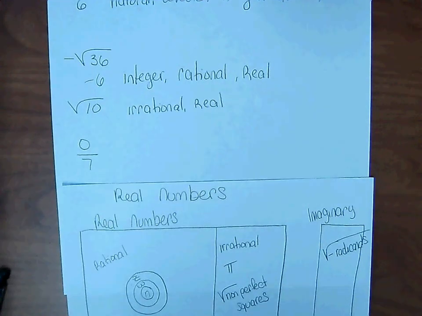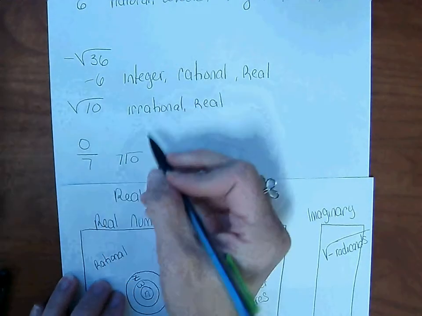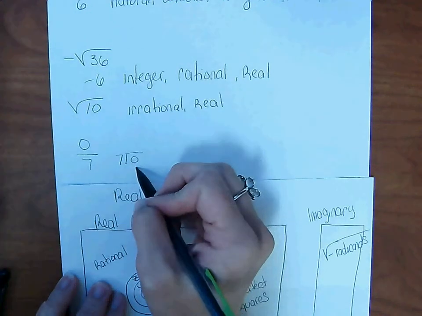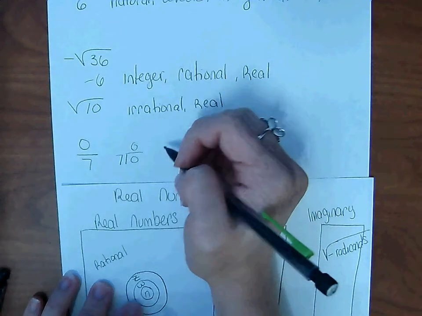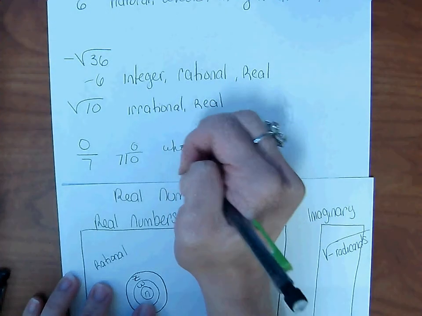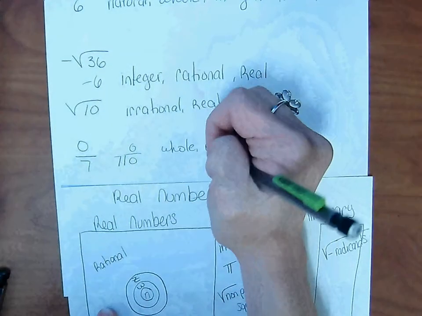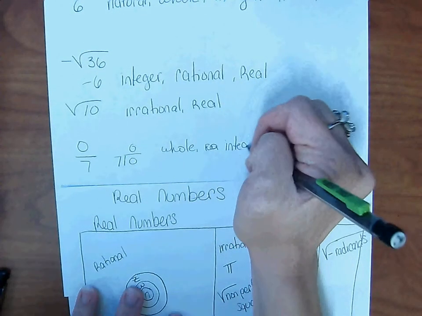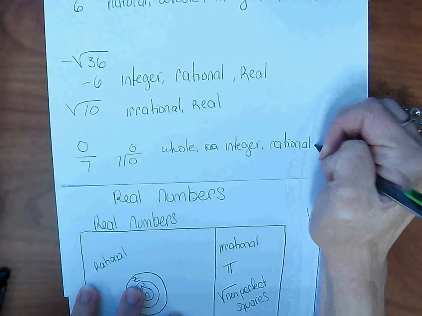Well, that means 7 into 0. What number times 7 would give you 0? And that number is 0. So 0 is not a natural number, but it is whole, integer, rational, and real.